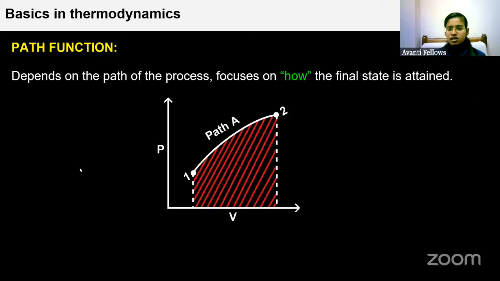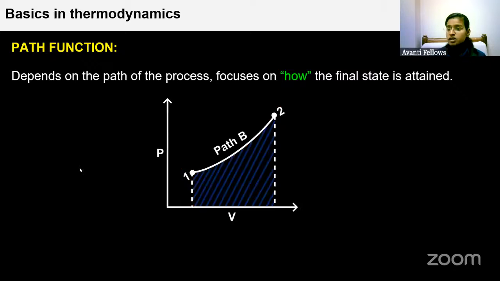So see here. This is point number 1, the initial point, and this is the final point. And this is the path taken, path A, for this reaction to happen from point 1 to point 2. The red lines mark the area covered under this region. And coming to the next, this is path B. We can also take this path.